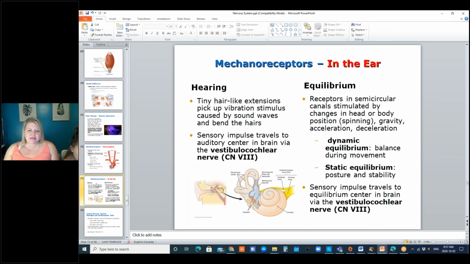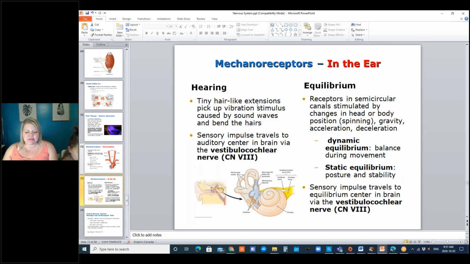All right, and finally, the last mechanoreceptor is in the ear. And this mechanoreceptor, as I mentioned before, is related to the vestibulocochlear nerve or cranial nerve number 8. Both hearing and equilibrium. So for hearing, you have these tiny hair-like extensions located in the ear that pick up vibrational stimulus caused by the sound waves, and then the hairs in this region bend to the waves.